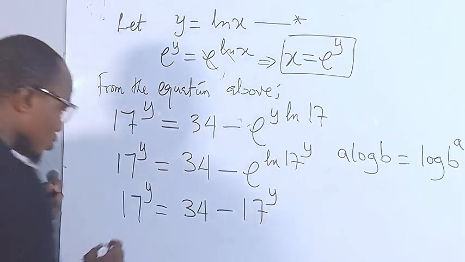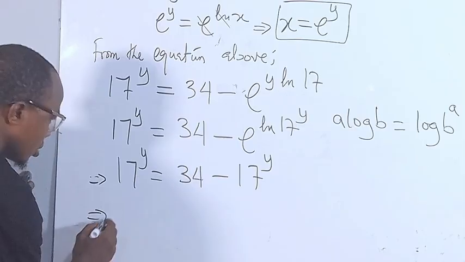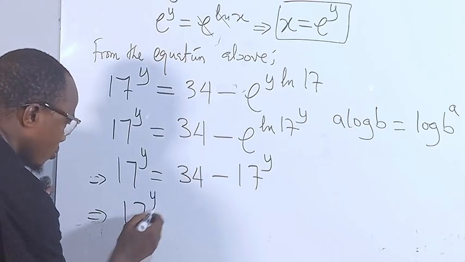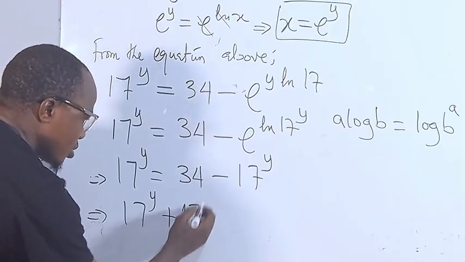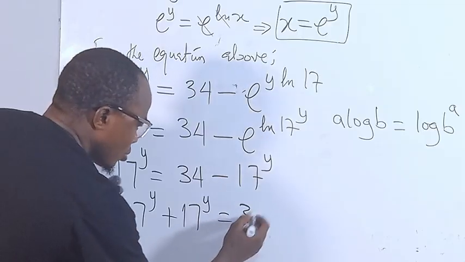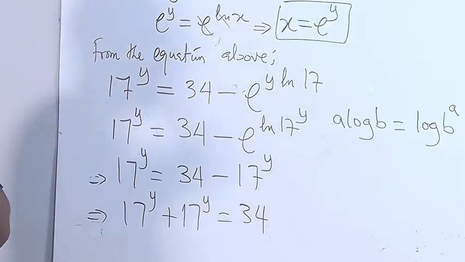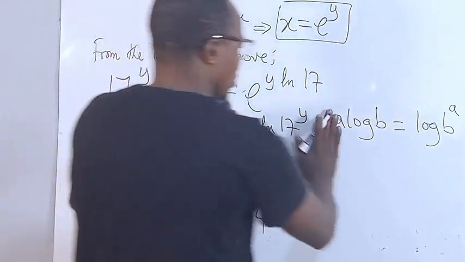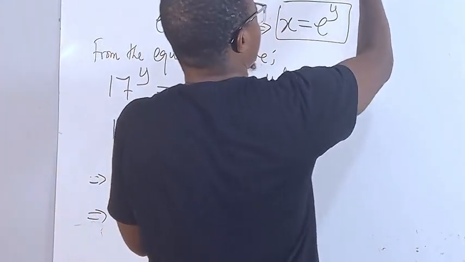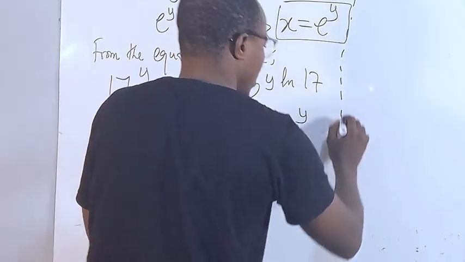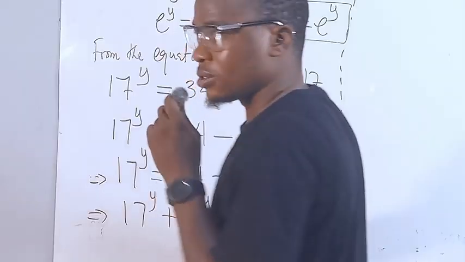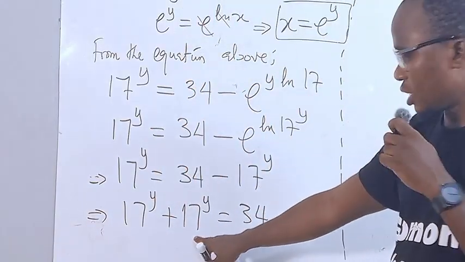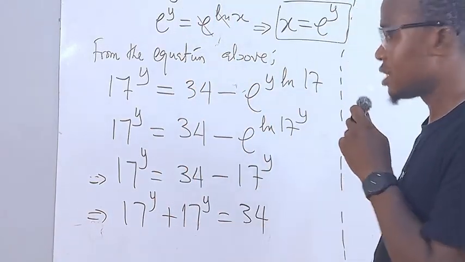Are you following? So now from there, transpose this to this side, we have 17 to the power of y plus 17 to the power of y equals 34. This plus this, they are the same.